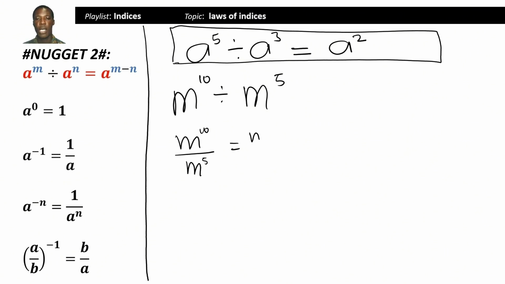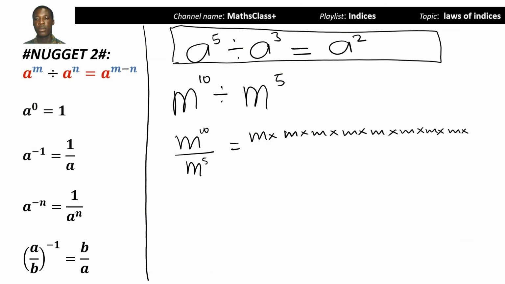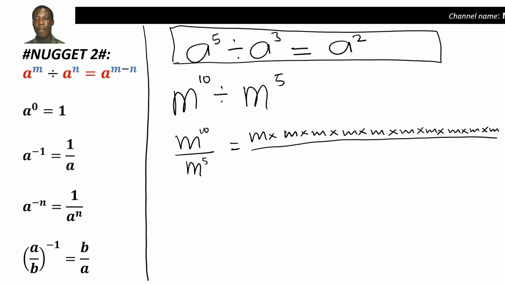So m multiplying itself 10 times. So I have 1, 2, 3, 4, 5, 6, 7, 8, 9, 10. So m multiplies itself 10 times, divided by m multiplying itself 5 times.